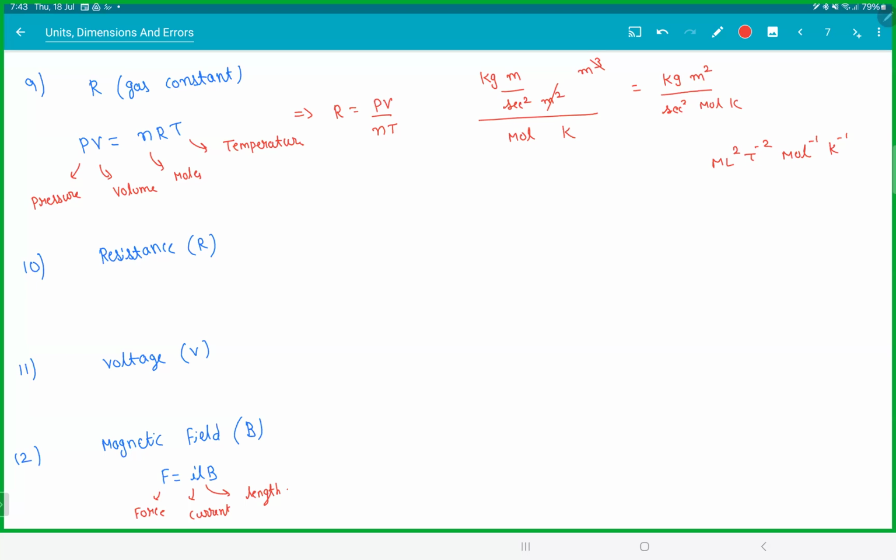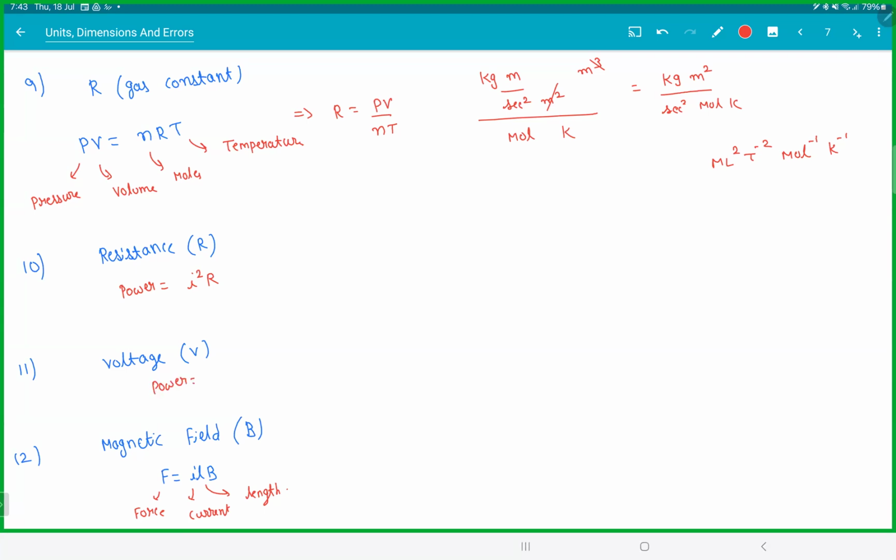Resistance. Now for resistance, what formula will you use? If we say V is equal to IR, then do you know V's dimensions? So pick the easiest one, something which is related to mechanics. Do you guys remember this? Power is I square R. Now you know power, and you know current, so from there you find out. Same thing for voltage.